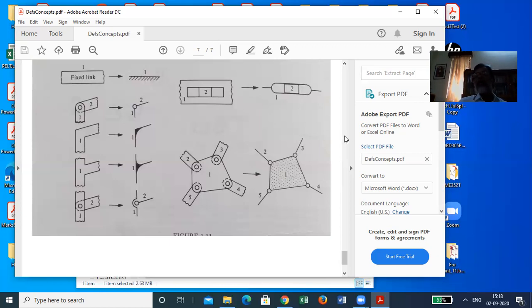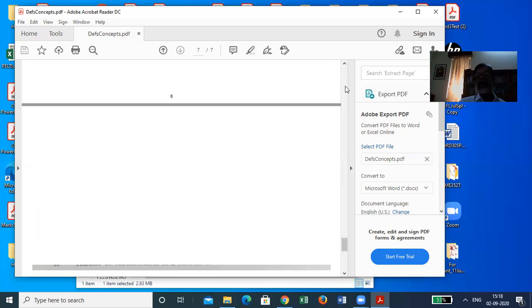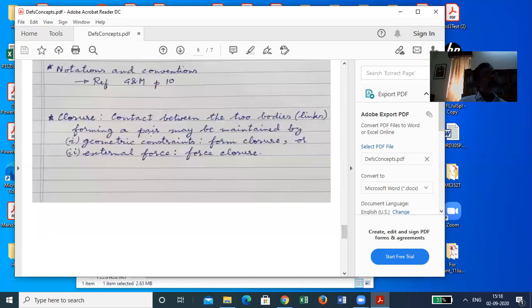So for half a minute I'll go back and close with one little comment, one little term, which is very rarely going to appear in our discussion in this course. For a kinematic pair, you talk of closure. What kind of closure? How the contact is maintained. There are two ways of maintaining contact between two bodies which are contributing elements and forming a kinematic pair.